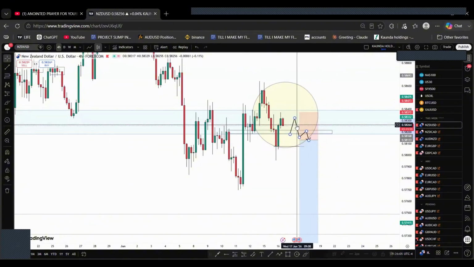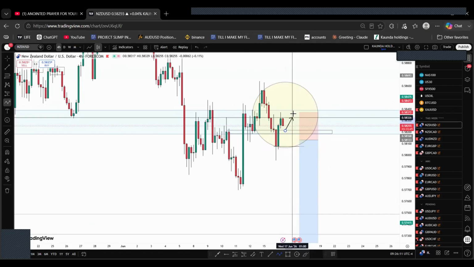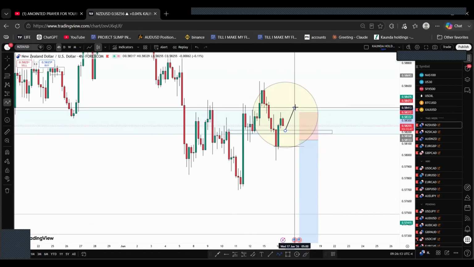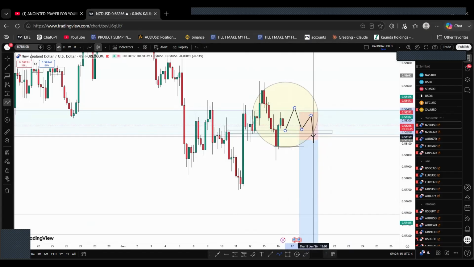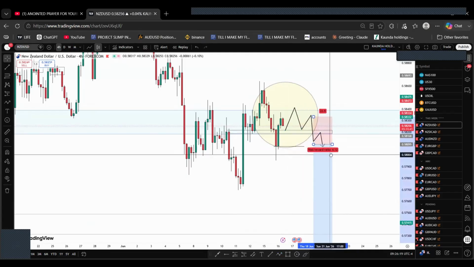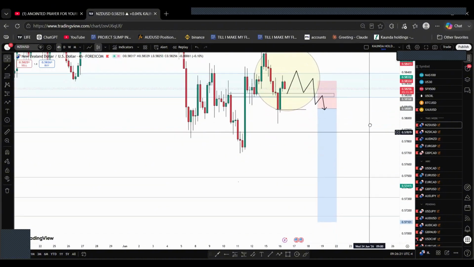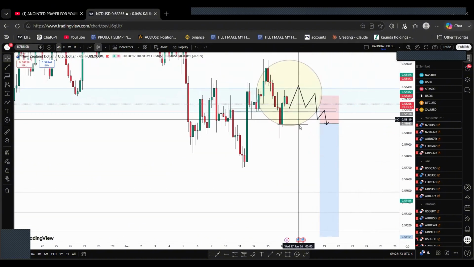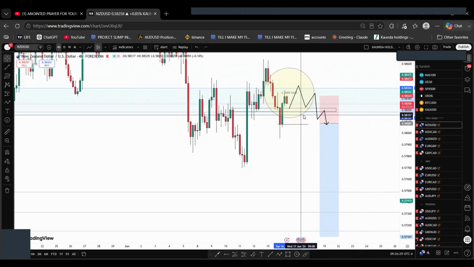So price can really do anything. In fact, we might not even get the sell now. Price can later even buy more, and then shift maybe tomorrow, and then we sell. You see? So the only thing that's there is just being open and allowing the market to do what it has to do.